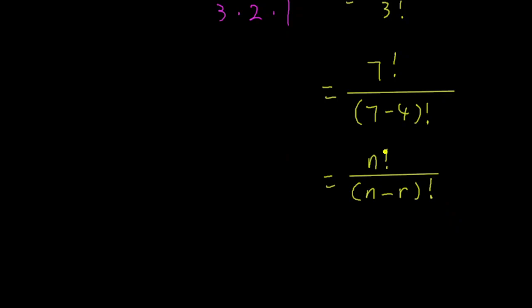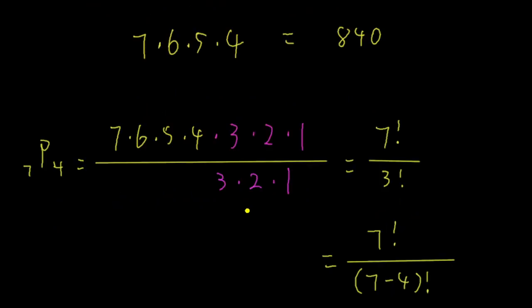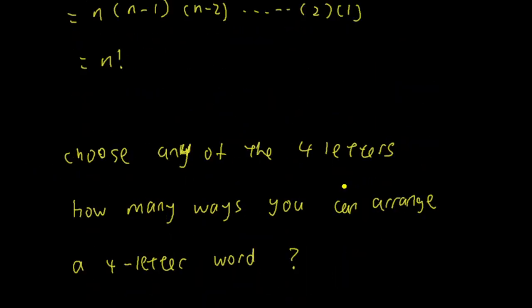So how do we denote this formula? We denote it as a permutation, with n here and subscript r here. If n is equal to 7 and r is equal to 4, we can also write P with n being 7 and r being 4, which is equal to this. We can express it like this. So here's permutation.